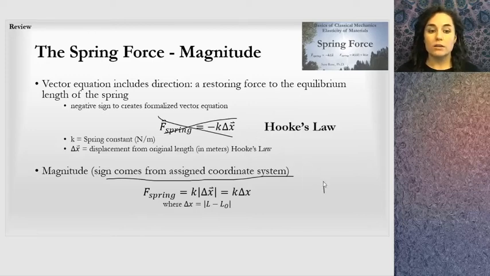When you draw your spring force in your free body diagram, you're already taking into account this negative sign by drawing that direction. So you don't need to take into account that negative sign a second time in your equations when you set up your force analysis. I just wanted to clarify that as we move forward so that you are able to do force analysis well.